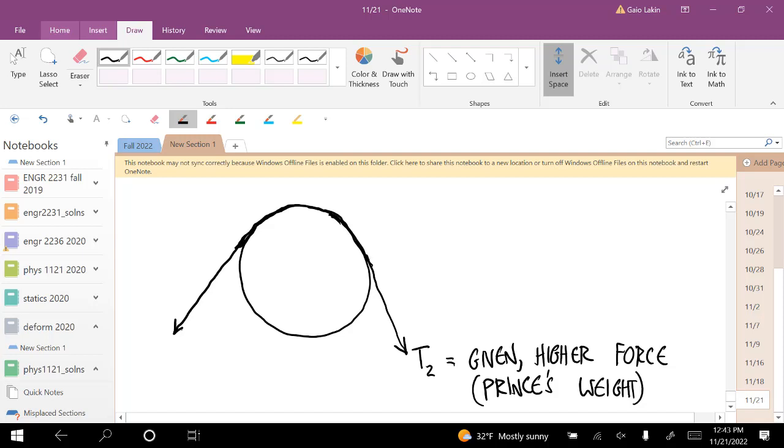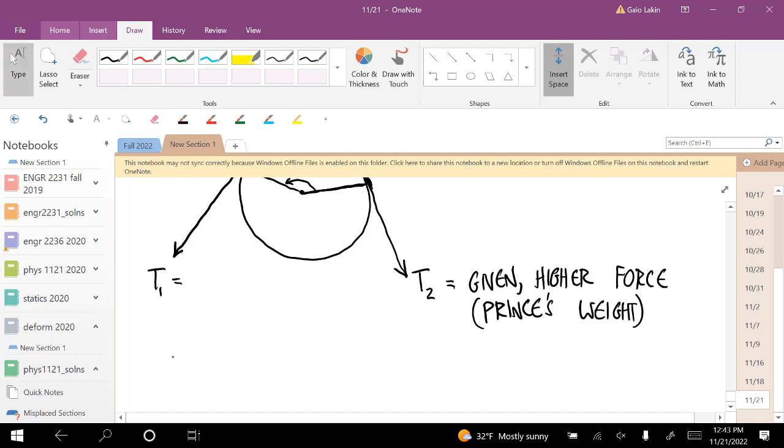Okay, so notice that there's some angle that's in contact with the cable. This angle we'll call beta. This T1 is the force required to support T2.